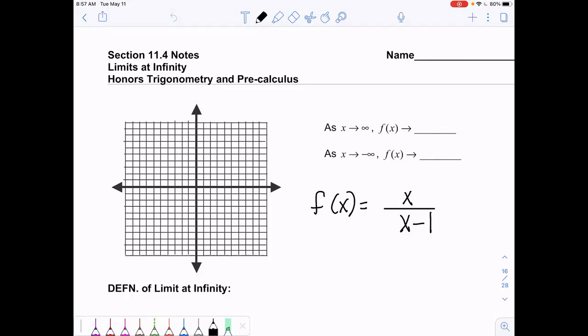In your calculator, I wrote the function here, f of x equals x over the quantity x minus 1. When you place that in your calculator, make sure you're placing the denominator in parentheses so the calculator knows that x minus 1, both terms are in the denominator. And then see if you can get a little sketch, give yourself a little diagram.